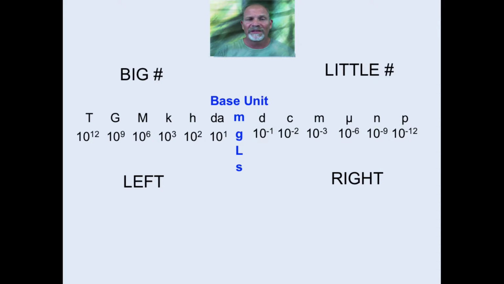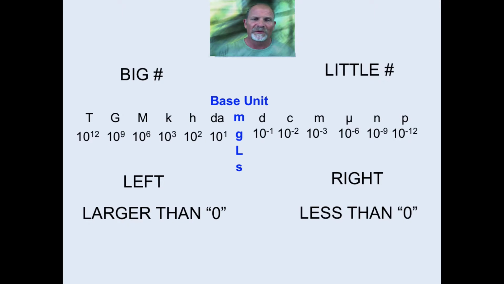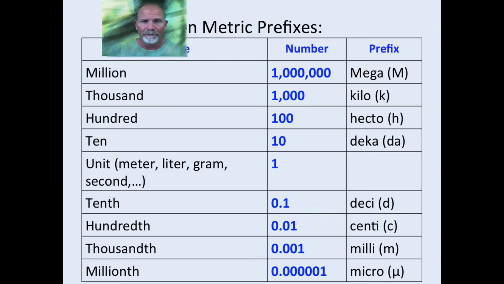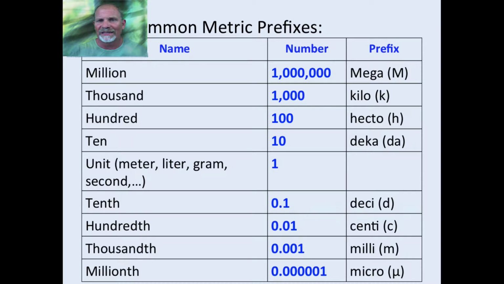So if we think about your decimal place right there in the middle, and we move our decimal, again, we have deci, centi, milli, we're getting smaller. So anything to the left is greater than 0. Anything to the right is actually less than 0. Another way to look at it is this. When I say a mega is a million, it's that.